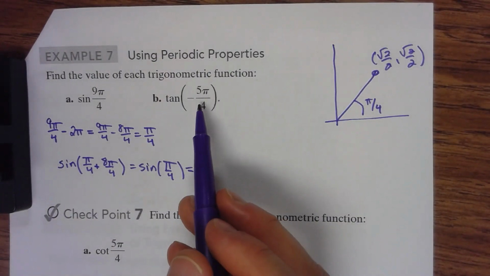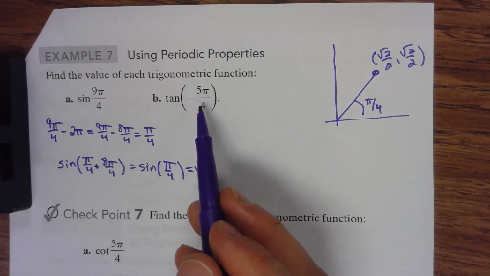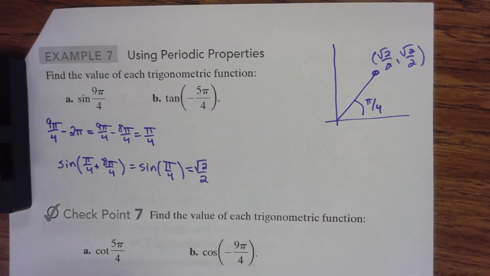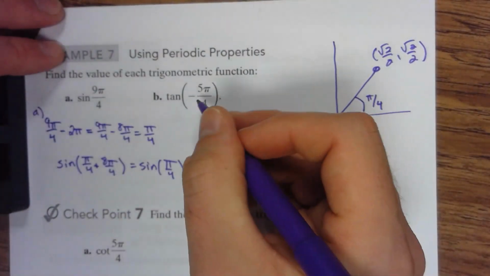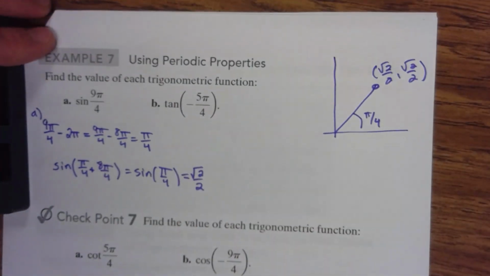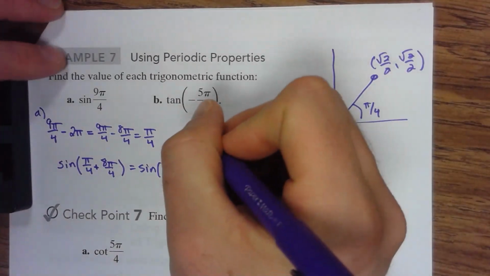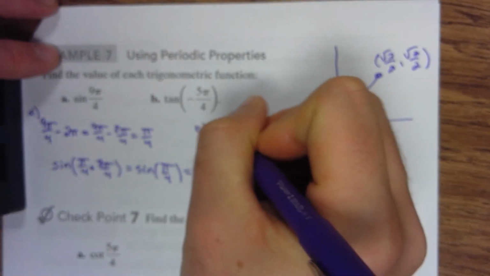Same idea with tangent here. With this being negative, we could use the even-odd identities, or we could go ahead and add pi, or add its period, how often it repeats, to figure this out. Let's just use that periodic idea with negative 5 pi over 4.